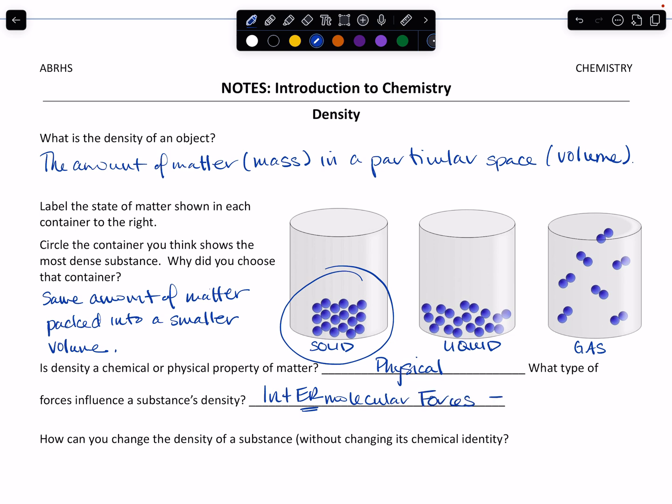Generally speaking, as these IMFs increase in strength, the density also will increase. And that makes sense. If they have strong intermolecular forces, that means the particles are closely packed together, which makes something more dense. You're going to have more particles in a smaller volume because they're all attracted to each other.